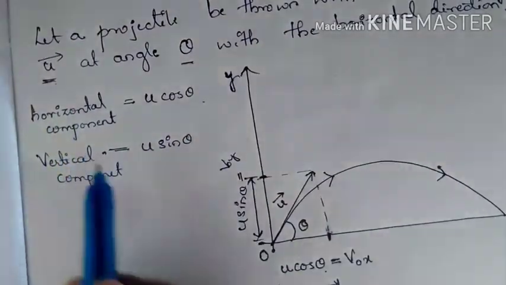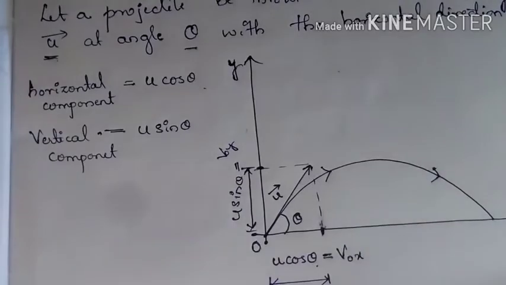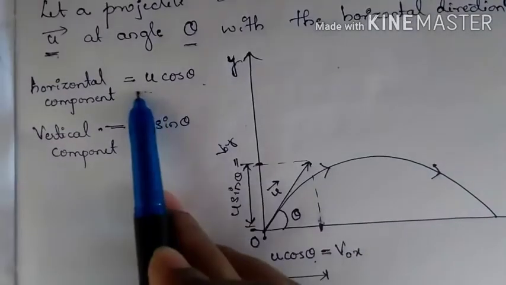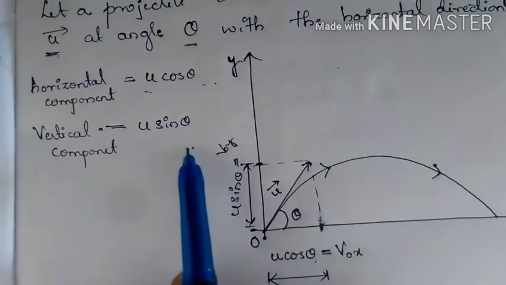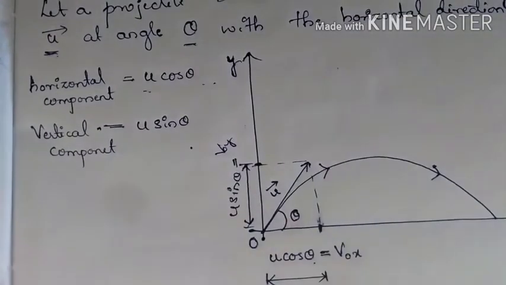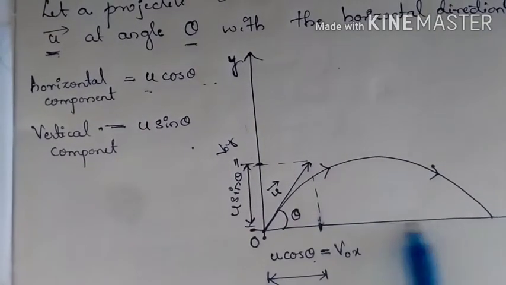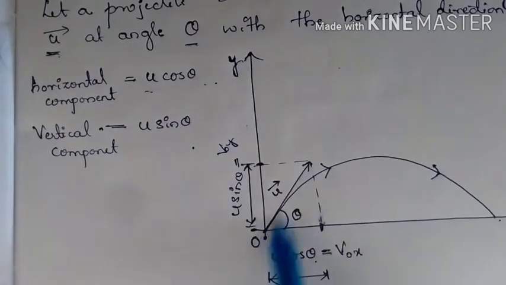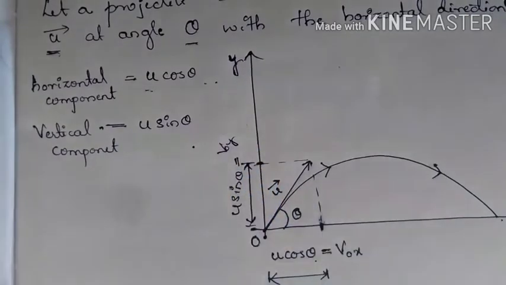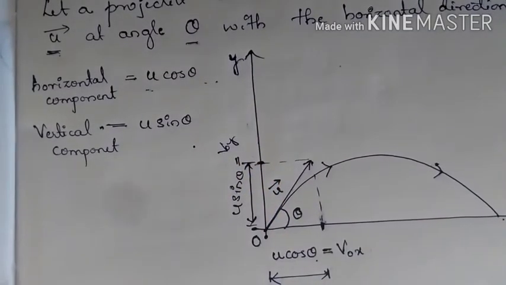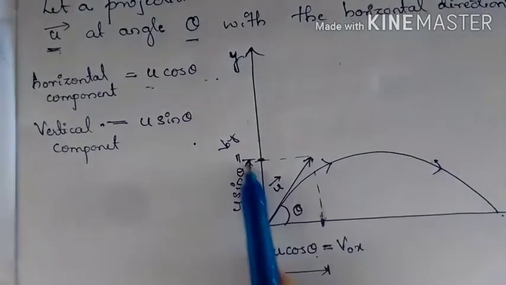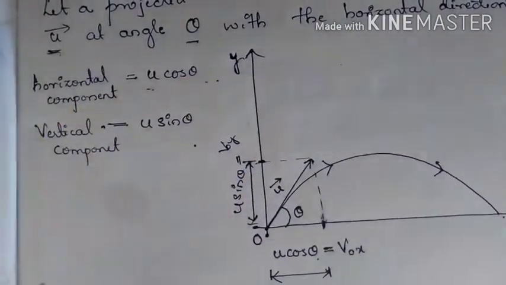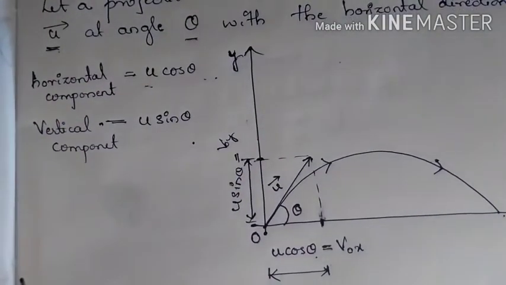These are the components of vector u. What u cos theta and u sin theta say is that the projectile travels in the horizontal direction with a constant velocity of u cos theta, and in the vertical direction with a velocity u sin theta. This is what the components tell you.